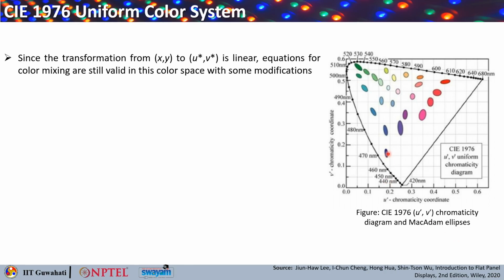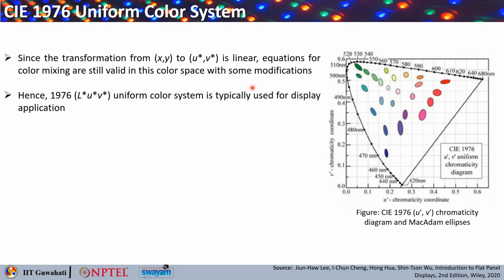So you can understand the transformation from small x to small y, to u prime, or you can say u star and v star, they are linear. The capital X is nonlinear, but this is linear, and the equations for color mixing are still valid in this color space with some modifications.